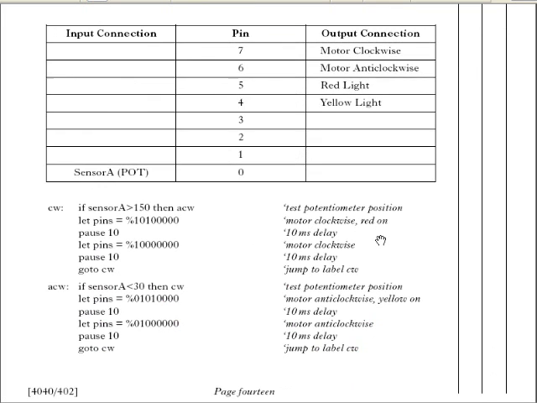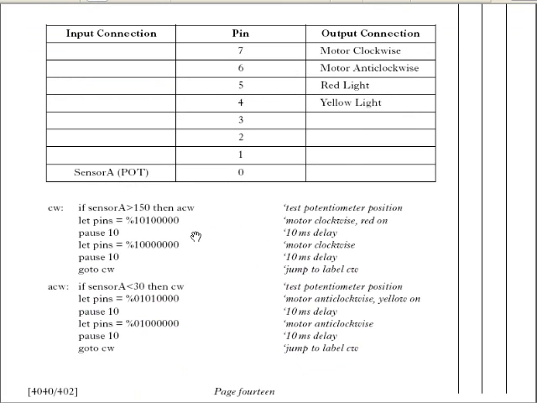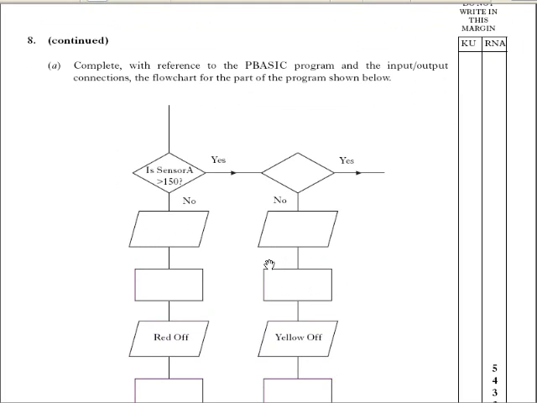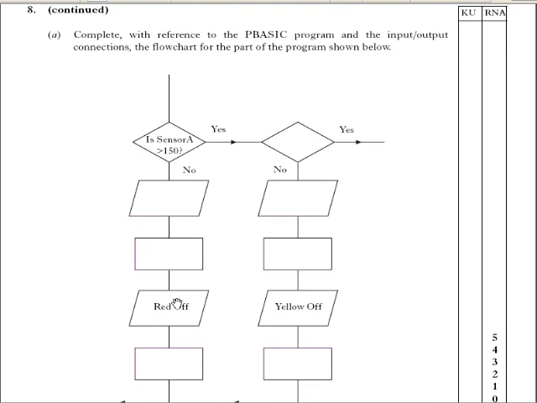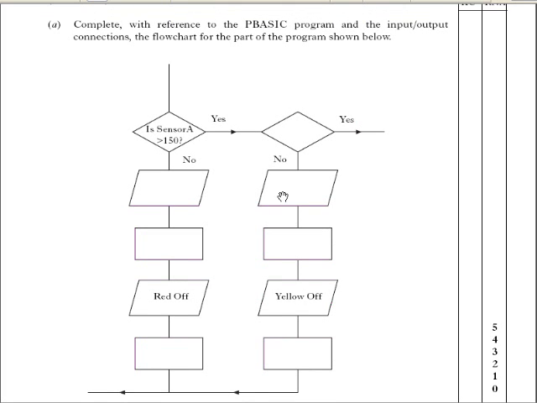So motor clockwise, red on, 10 millisecond delay, red off, and another 10 millisecond delay. That's a 10 millisecond delay, and this one is the motor anti-clockwise and yellow on.